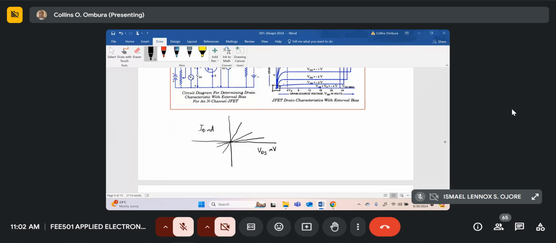This could be the curve for VGS equal to 0, and this could be a curve for VGS equal to, say, minus 3 volts. Maybe this middle one could be VGS equal to, say, minus 1 volt or minus 2 volts.